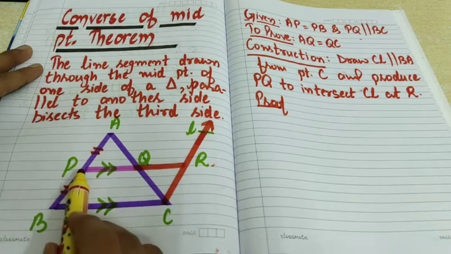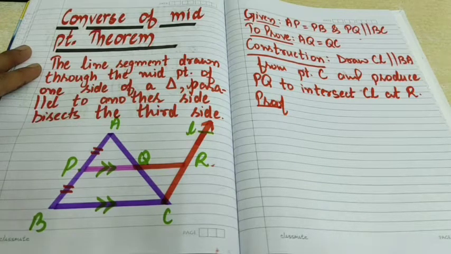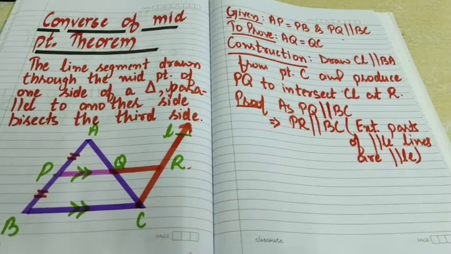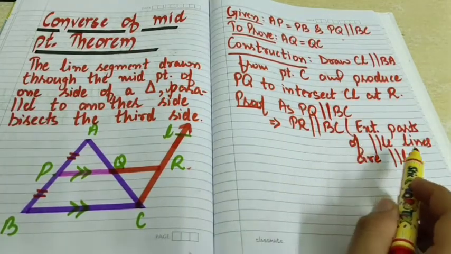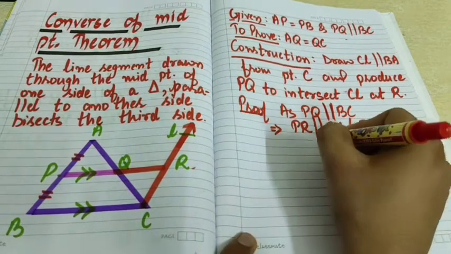So PR is also parallel to BC, and the reason is that extended parts of parallel lines are also parallel to each other. Let this be number 1.